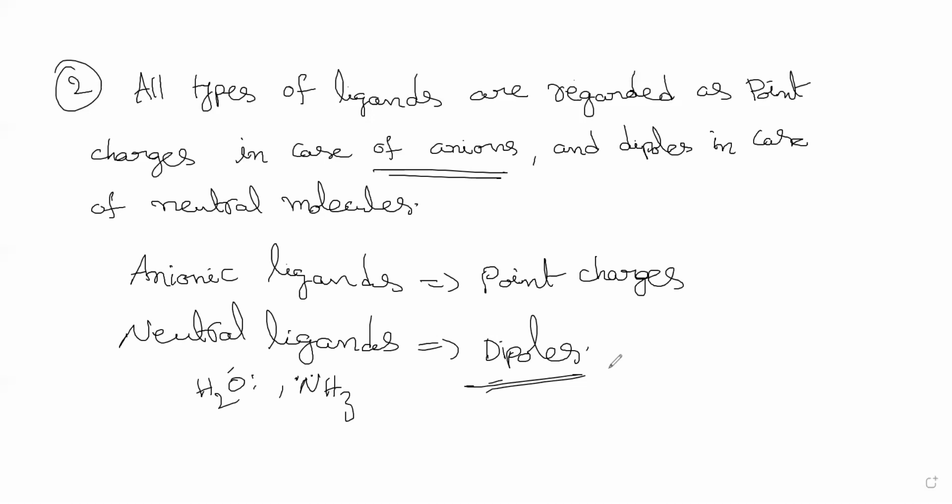Now, anionic ligands, why this point charge thing? Because of Coulomb's law, you know Coulomb's law, right? Coulomb's law is applicable when you have point charges only. You can apply Coulomb's law when you treat the things as point charges. This theory is based upon Coulomb's law.